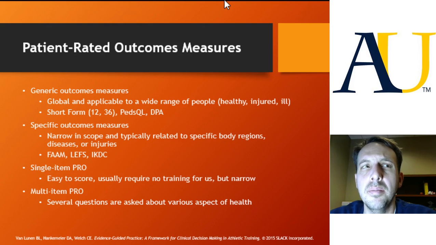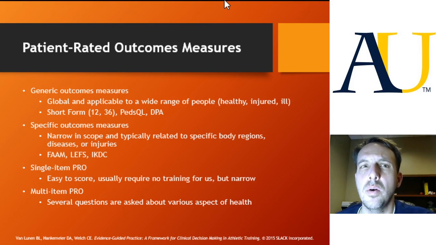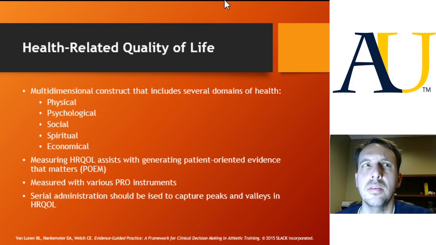We have single item patient-rated outcomes as well as multiple item patient-rated outcomes, and they each have their advantage. Obviously, the more questions you ask, the more details and more data you can get, thereby ability to detect smaller changes. But the more time and sometimes the more difficult they are to assess and grade. So there are places for each of these.